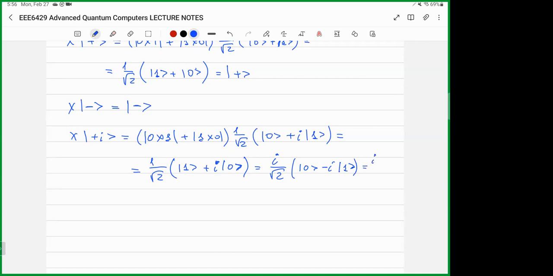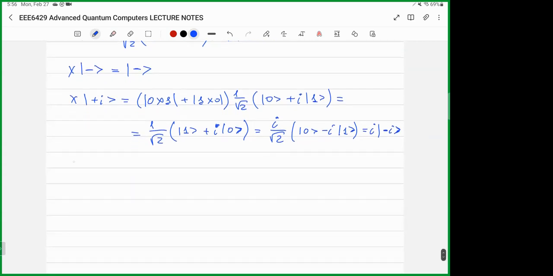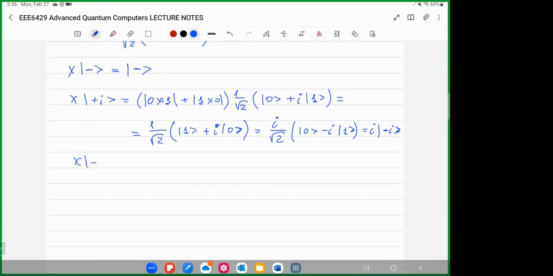So it's equal to I, and the state is minus I.